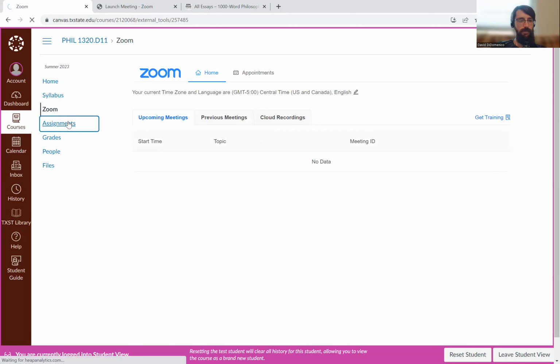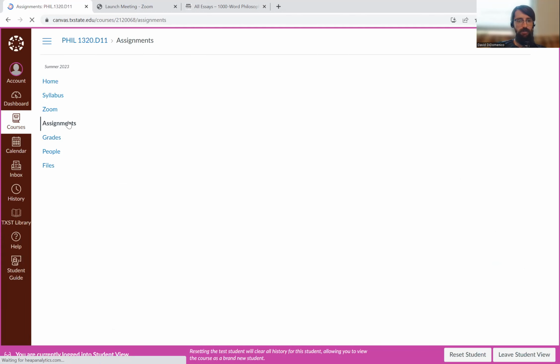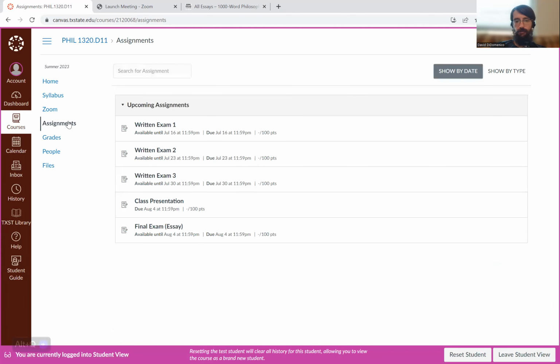But assignments, the next tab over here, is where you take the exams. So you take the exams right here, 1, 2, 3. These will be available to you to take at any point in the semester, but the due dates are all shown right there. You just take them before the due date. If you want to work ahead, that's fine.